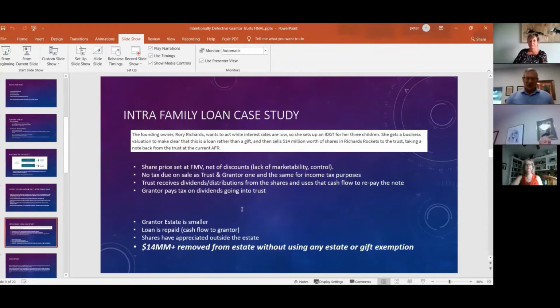If she's married, we've still got over $22 million of unified credit that we can use to further get assets out of her taxable estate. This has happened independent of having to use the unified credit.